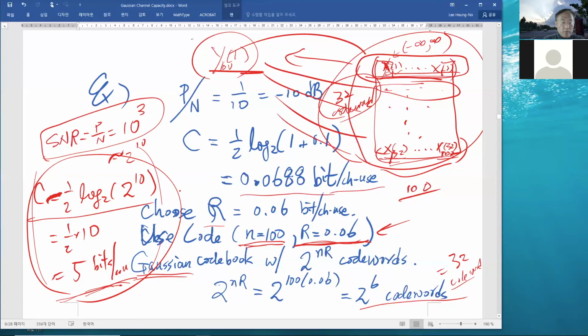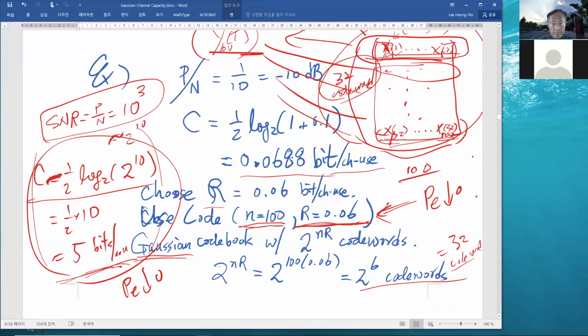Then you can send your information at a faster rate, and you can make the probability of error very small. But if you have a negative SNR situation, you talk slowly and legibly. You send your message using a channel code, and you can still make the probability of error very small. That's the idea.